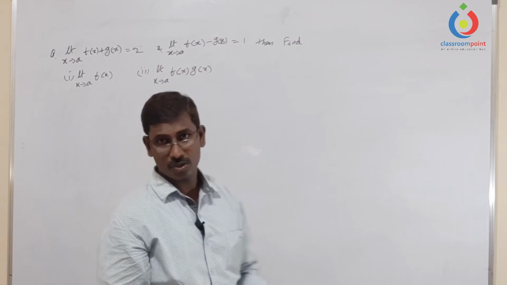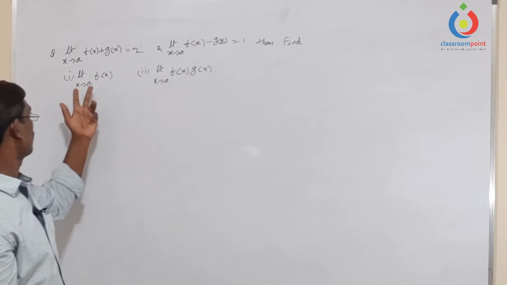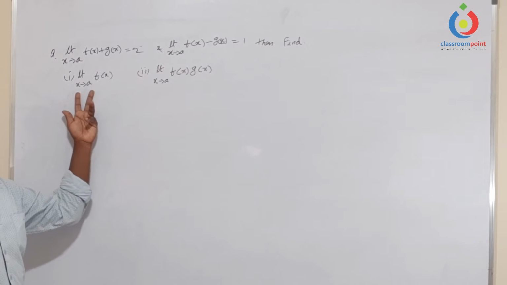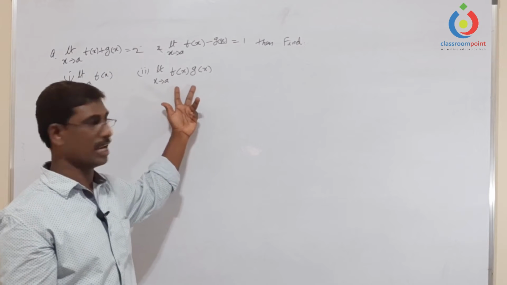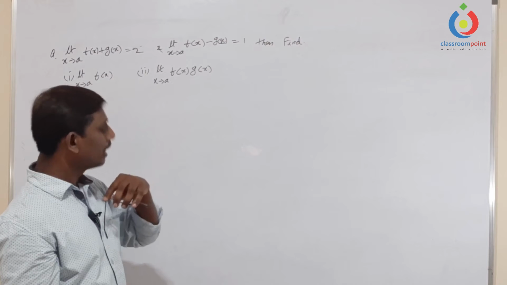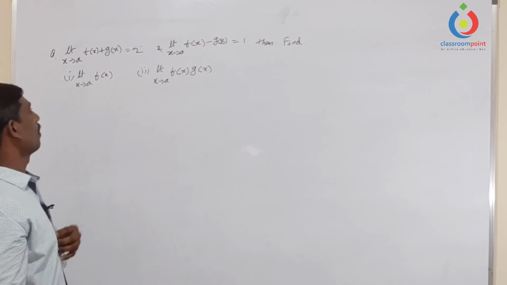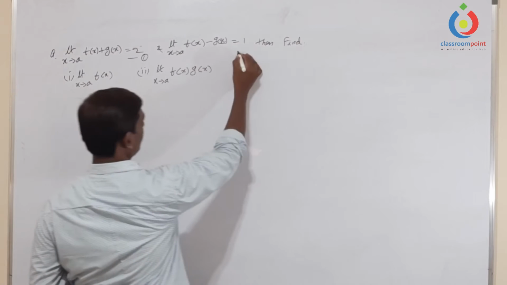What are the values of these? See, first one, the limit x tends to a of f of x value. Second one, limit x tends to a of f of x into g of x value they want. Here, what have they given first? They have given two hints. This is hint number 1, this is hint number 2.